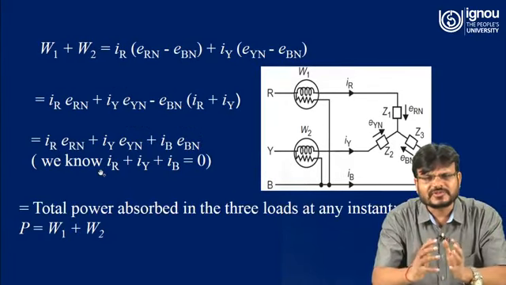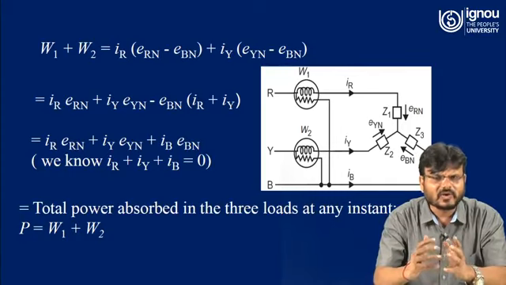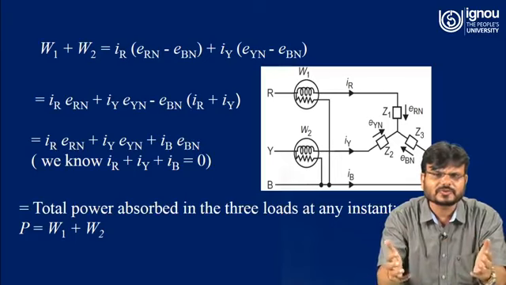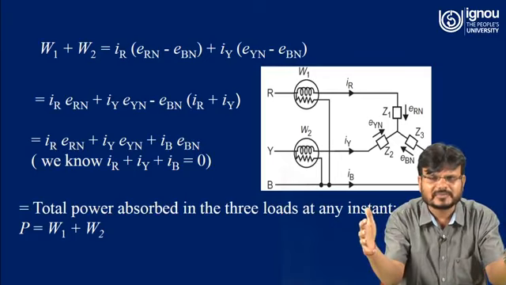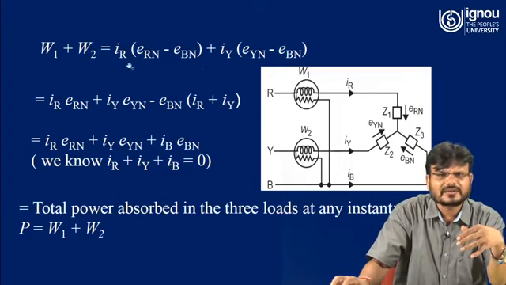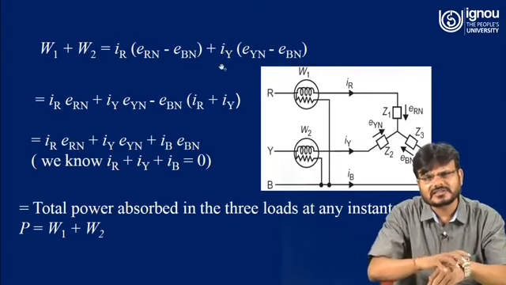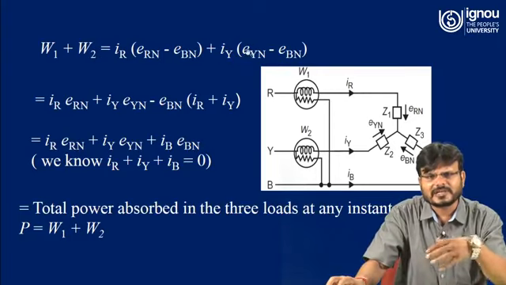Now we have to see whether these two wattmeters are capable of measuring the power of all three phases. So what you have to do is add the power measured by the two wattmeters W1 and W2. You can write W1 plus W2, and the power measured by W1 is equal to iR multiplied by (eRN minus eVN), and the reading of W2 is equal to iY multiplied by (eYN minus eVN).